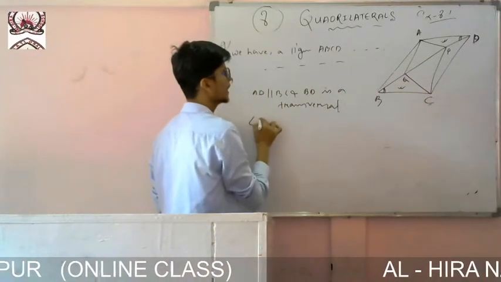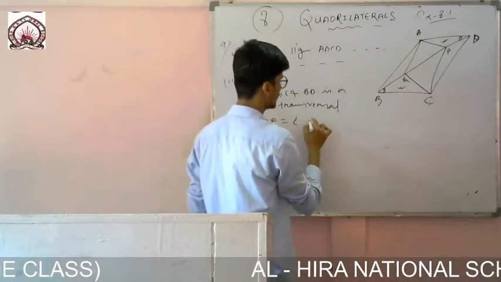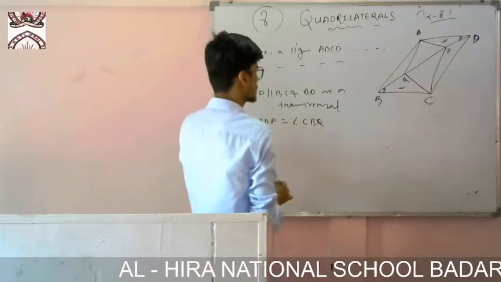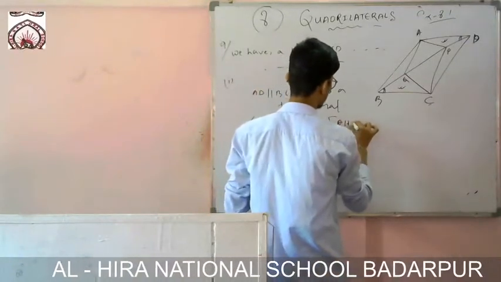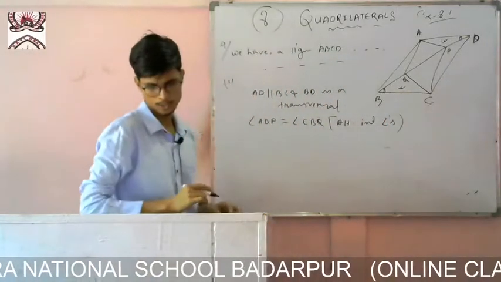So angle ADP is equal to angle CBQ, alternate interior angles. Okay, you write it in full, alternate interior angles.